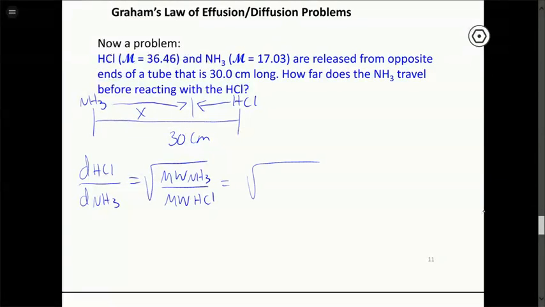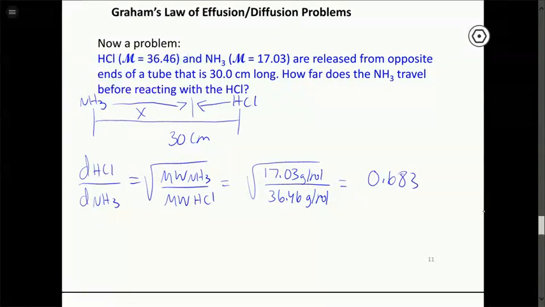The molar mass of ammonia is 17.03. The molar mass of HCl, so in this case we need to know both, is 36.46. And that's going to be equal to 0.683.